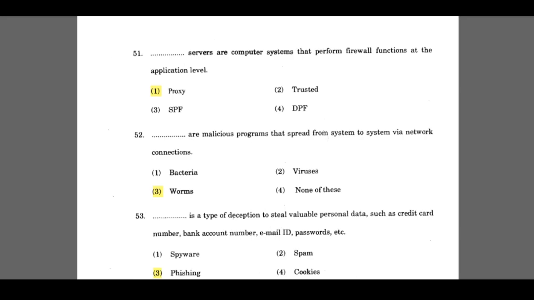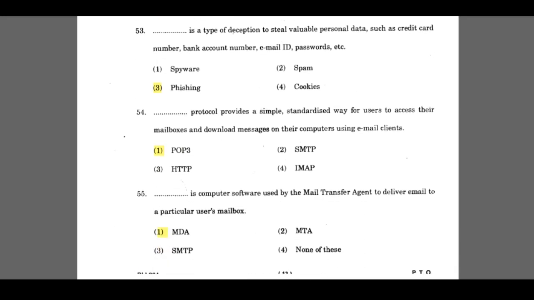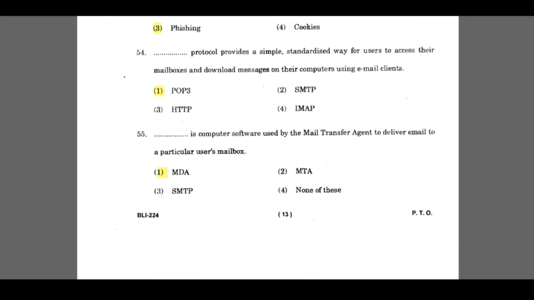53. Dash is a type of deception to steal valuable personal data such as credit card number, bank account number, email ID, passwords, etc. Phishing. 54. Dash protocol provides a simple, standardized way for users to access their mailboxes and download messages on their computers using email clients.